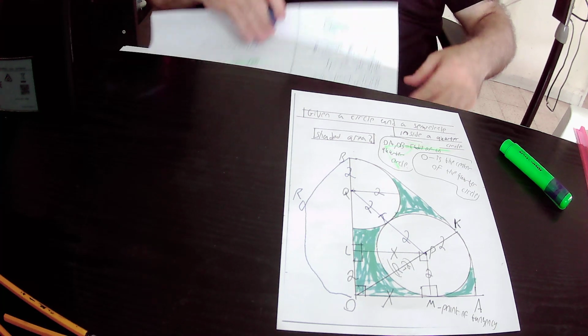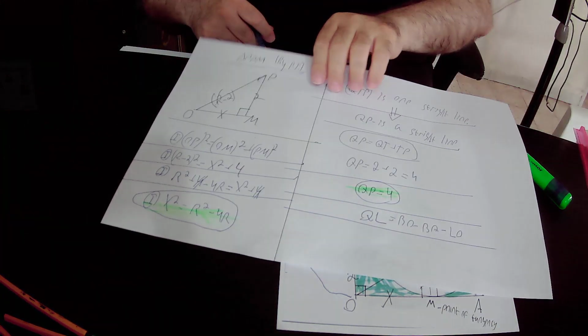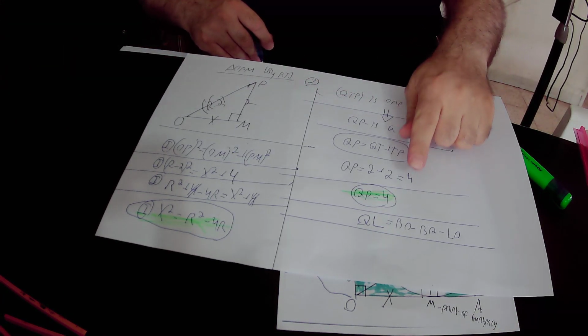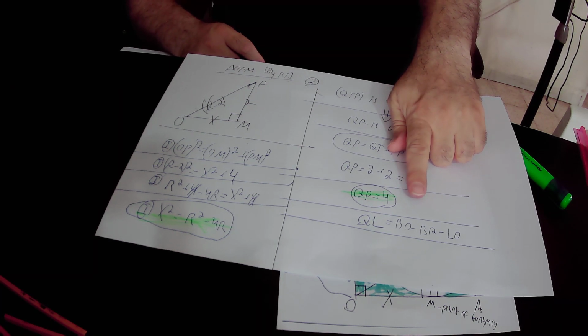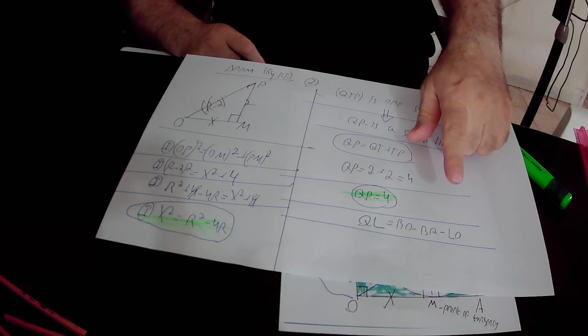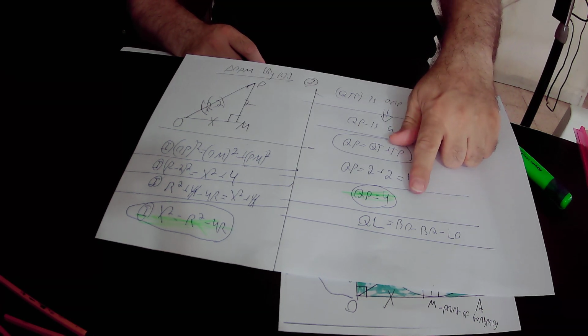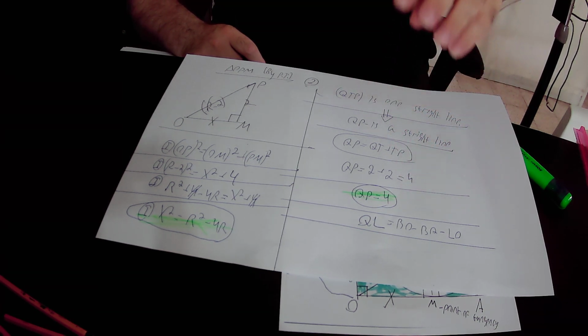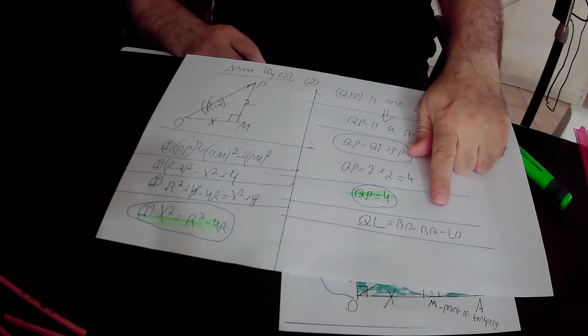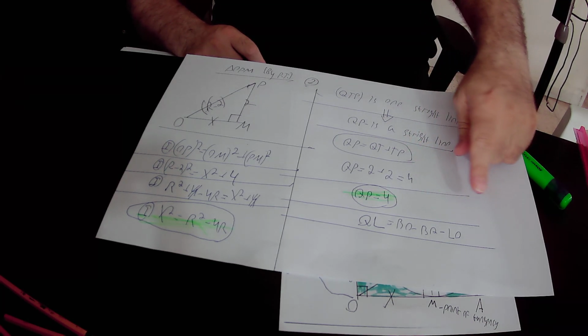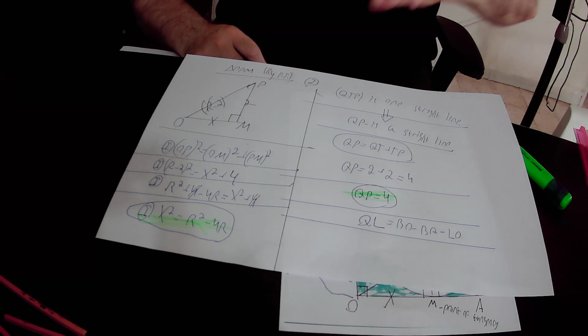I'll repeat again. The length of line segment QL equals BO, that is the radius of the quarter circle, minus BQ, that is the radius of the semicircle, minus LO, that is equal to 2 units.